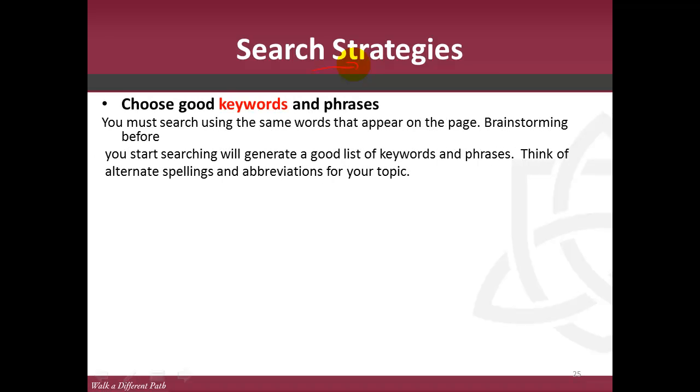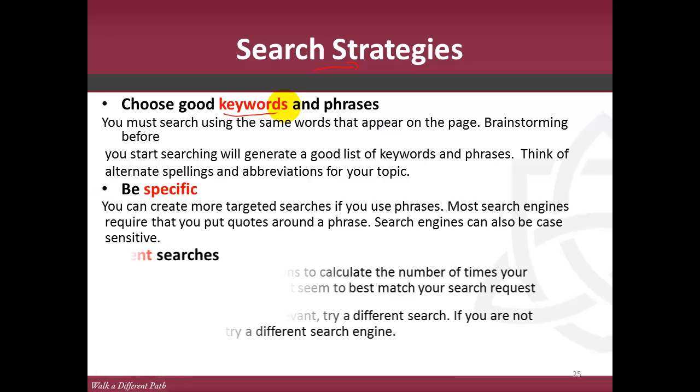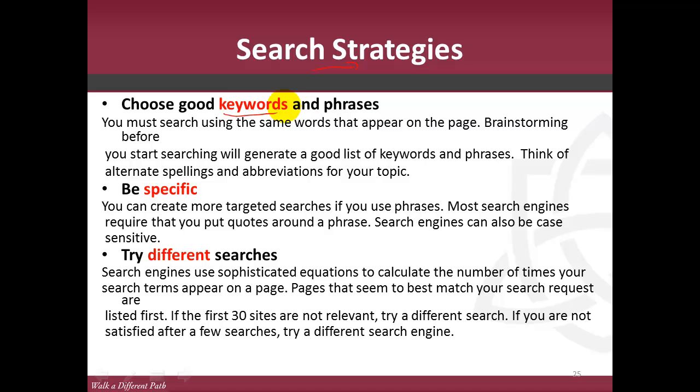For example, choosing good keywords and phrases. If you're doing the outsourcing component there, or motivation in adults and so on, you do just a variation of different combinations of those words in your searches.